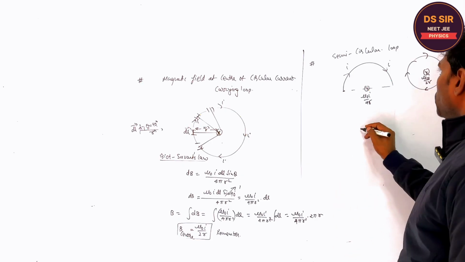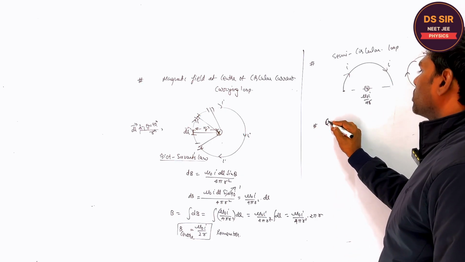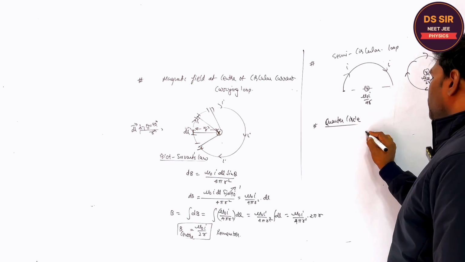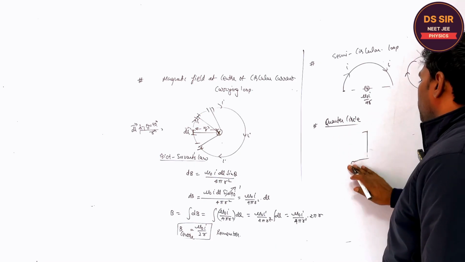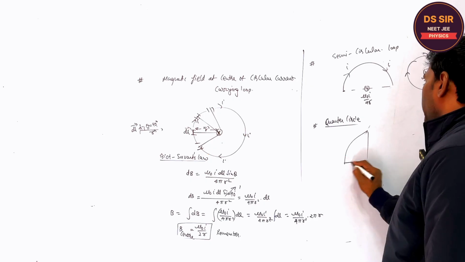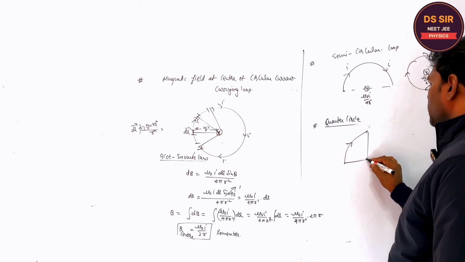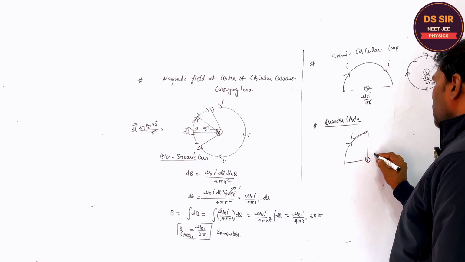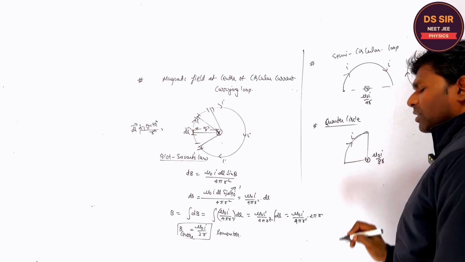And due to the quarter circle, tell me. Mu naught I upon 8r, just half of this, right? If this is the current I, the quarter circle gives mu naught I upon 8r.